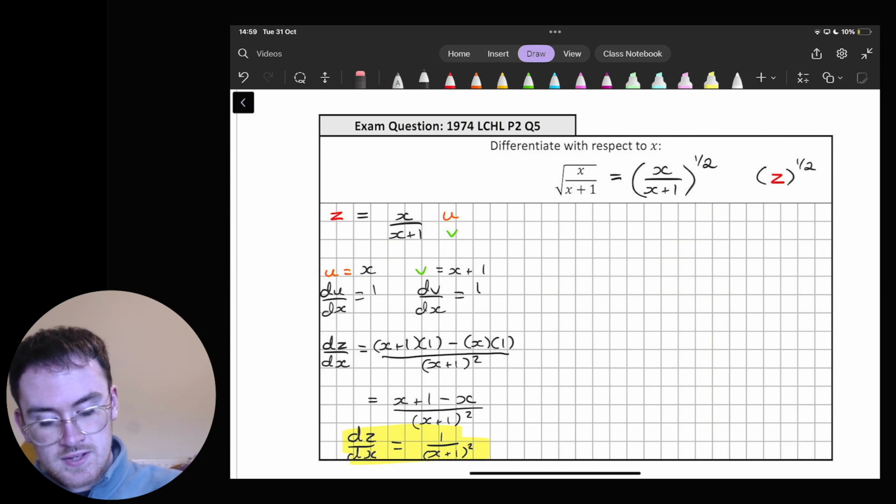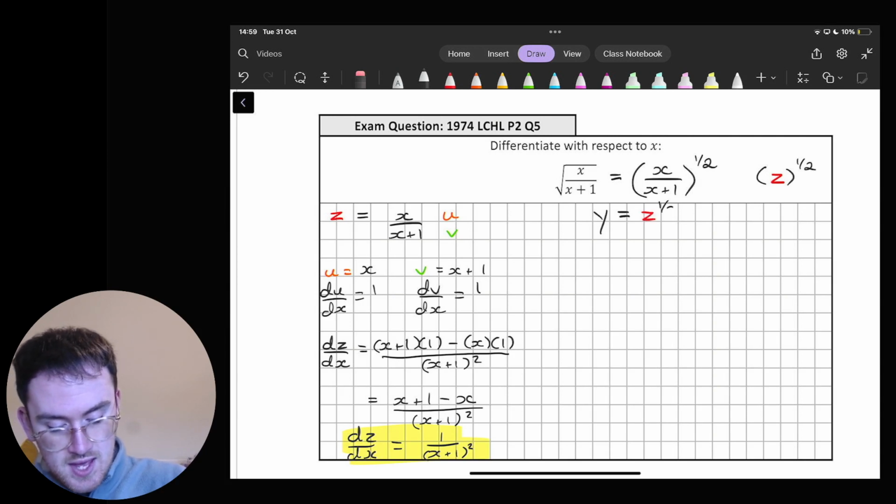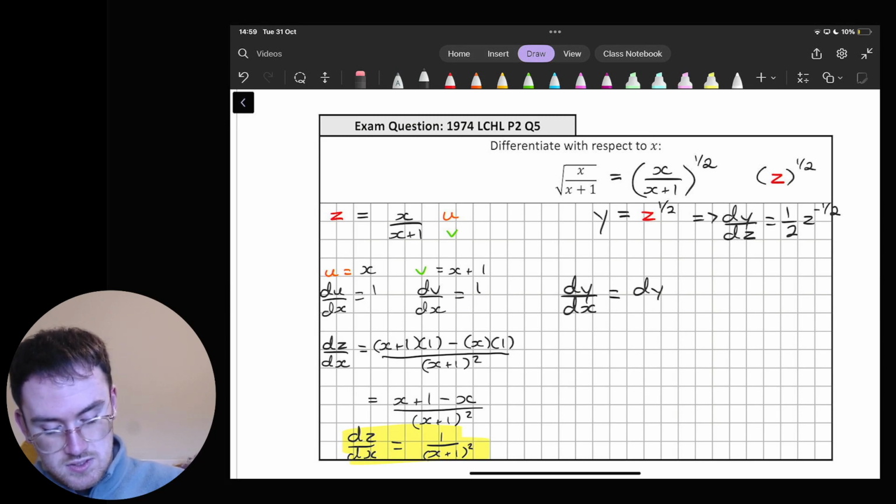So now that I've rewritten that, I can rewrite my original function as we've done up here as z to the power of a half, which means that dy dz is a half z to the power of minus a half. If I want to find dy dx, I need to use dy dz times dz dx.